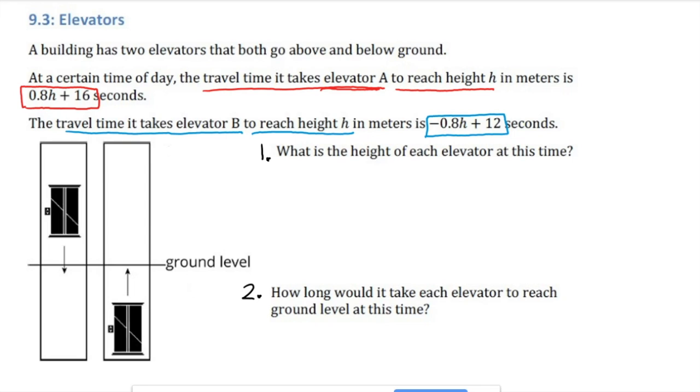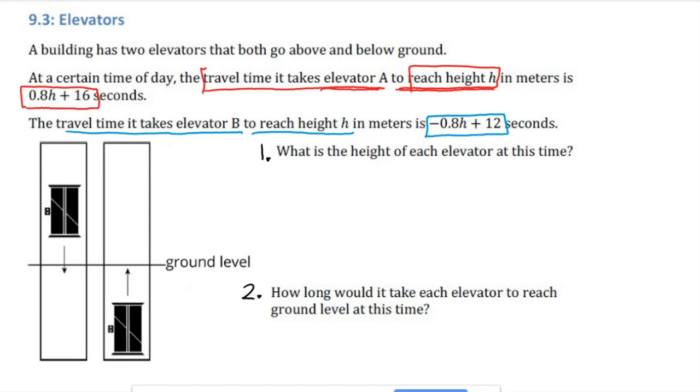Okay, so there's a specific time of day where if you looked at this expression, it could tell you where the elevator is at. So we want to remember that the height is h.